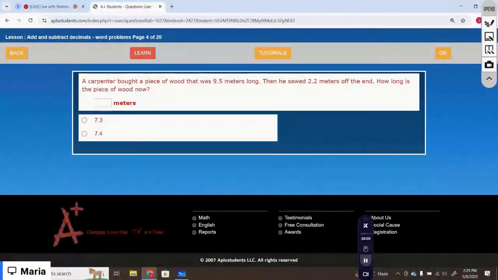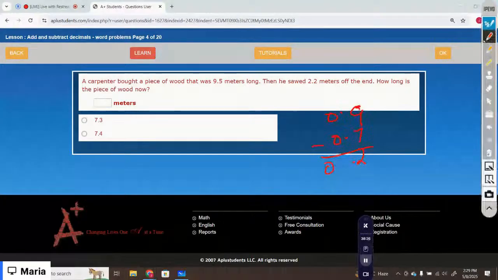A carpenter bought a piece of wood that was 9.5 meters long. Then he sawed 2.2 meters off the end. How long is the piece of wood now? So you have to do 9.5 minus 2.2.